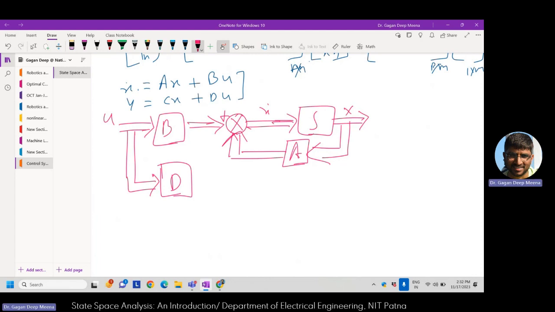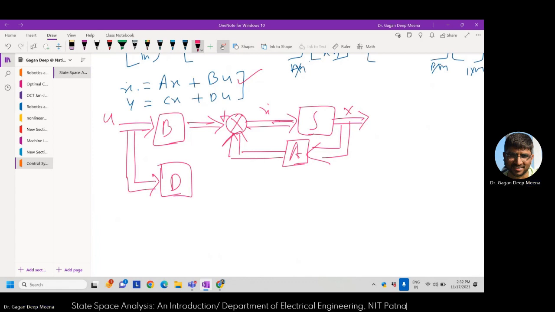So now if I look at this first equation, this is sorted. x is multiplied with a, then added with bu, and that is equals to x dot, and this loop is done.